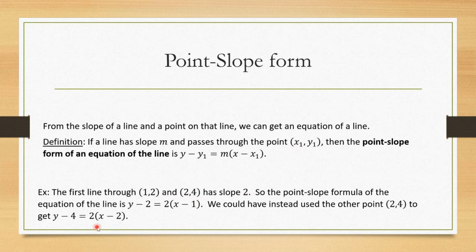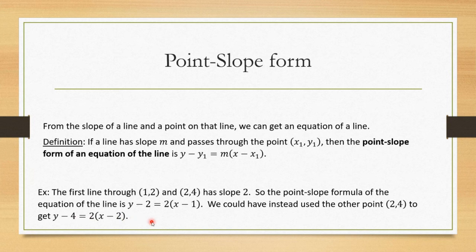We would have this, as you can see: the slope, y minus the y coordinate, and x minus the x coordinate on the right. Okay, that's point slope form.